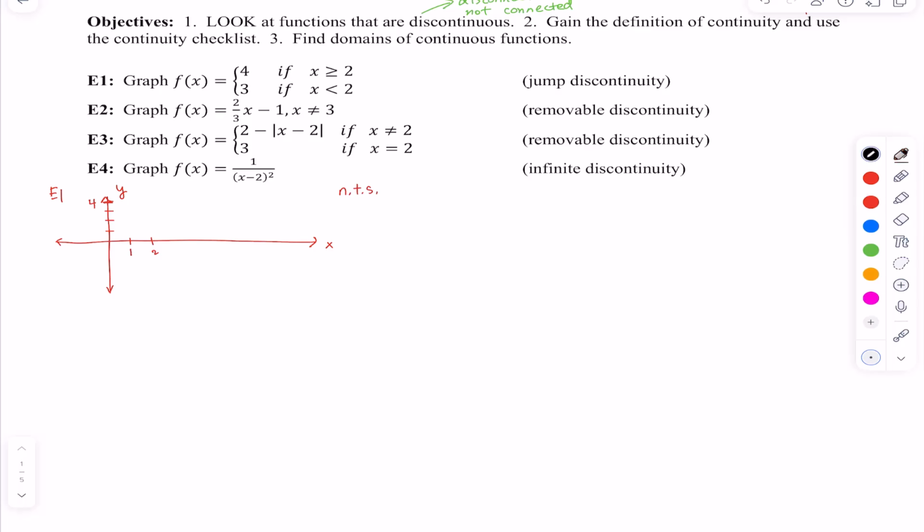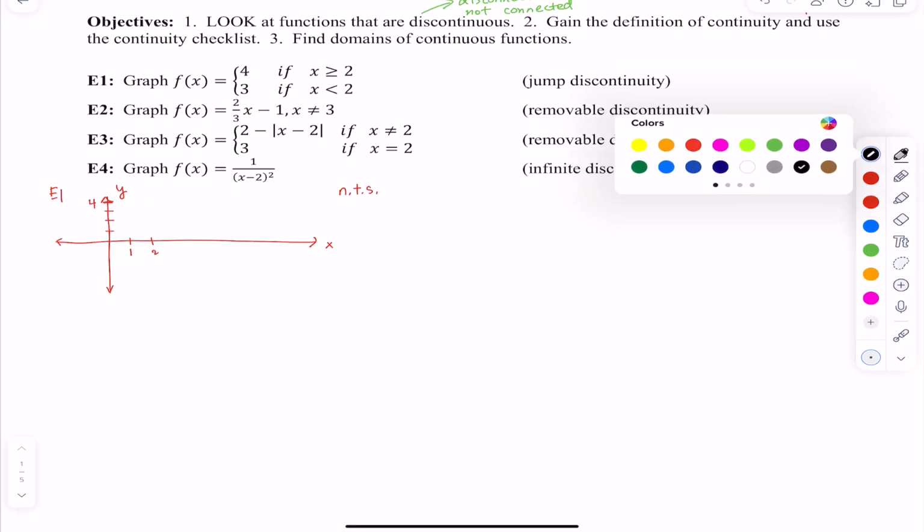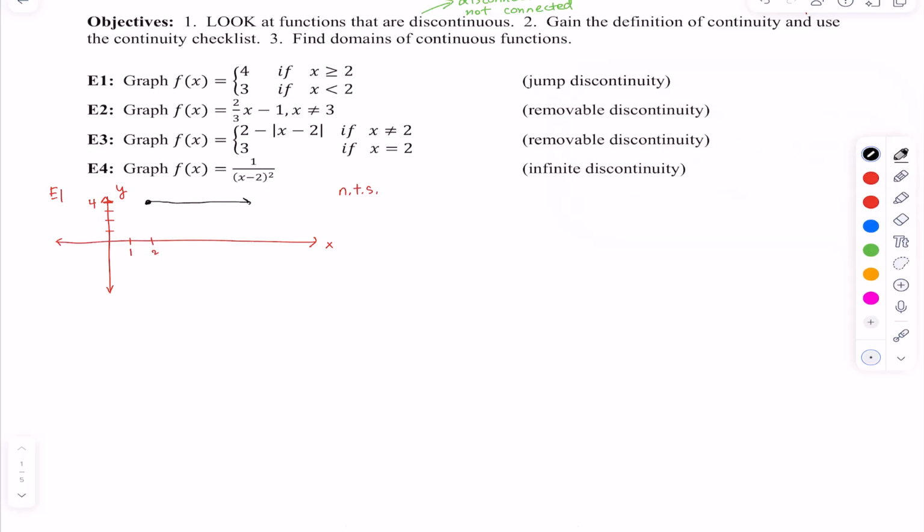Now the output is actually 4 when x is greater than or equal to 2, and the output is 3 if it's less than 2.